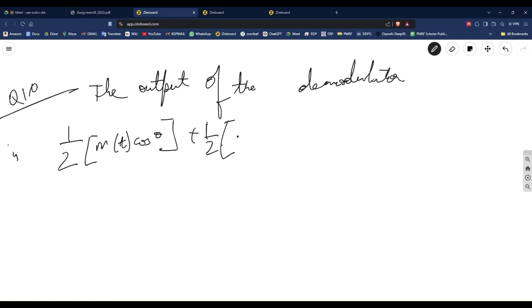These are the noise components, in phase and out of phase.